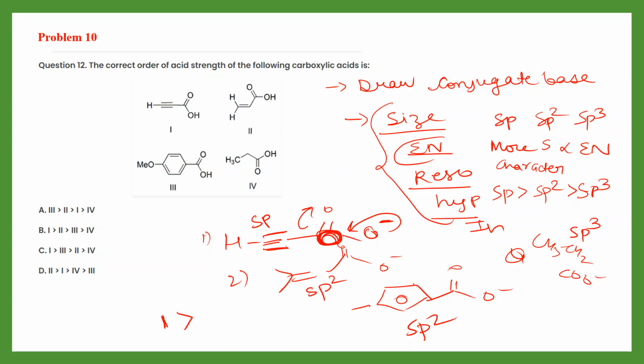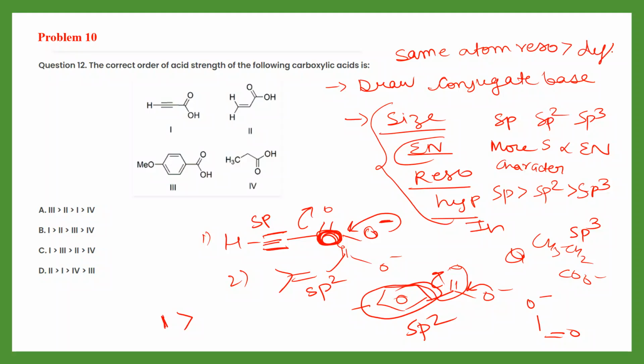The third option. Now before this, let me tell you, this negative charge, apart from going this way as O negative, it will form this. But this can also come in conjugation with this ring. And I have told you in an earlier slide that same atom resonance is better than different atom resonance.